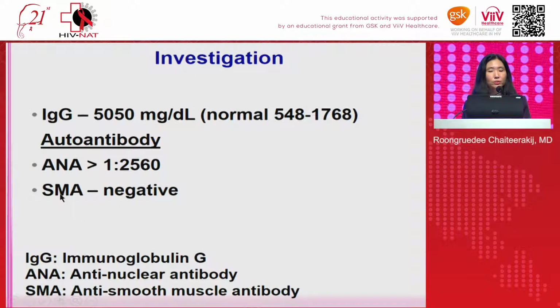Another autoantibody, anti-smooth muscle antibody, which we commonly use for diagnosis of autoimmune hepatitis, turned out to be negative. But because the IgG was very high and ANA was positive at high titer, we think that this patient might have autoimmune hepatitis.